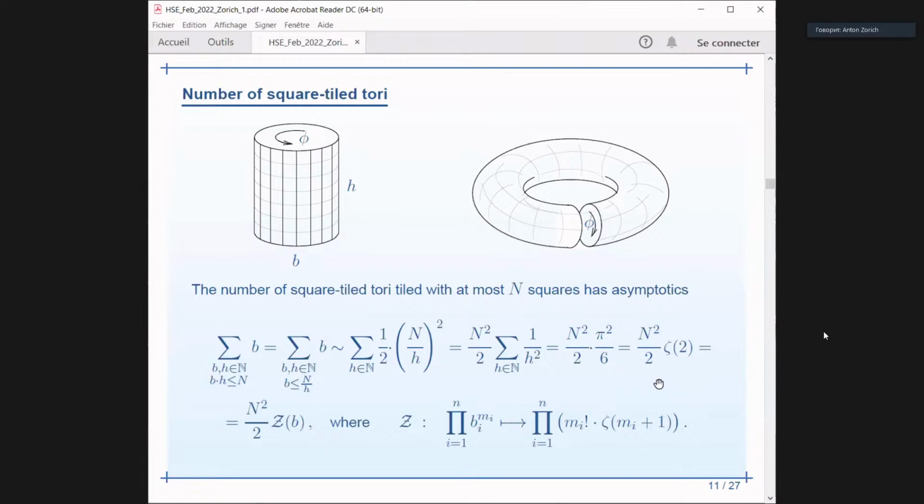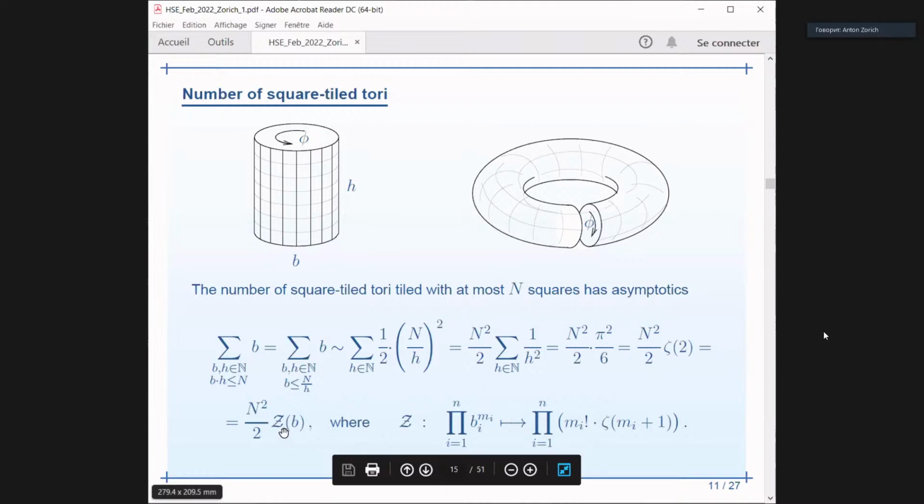And note that this coefficient is exactly our operator z applied to parameter b. So recall that we had this funny operator z, which associated to any monomial in formal letters b, a number. This is a particular case.